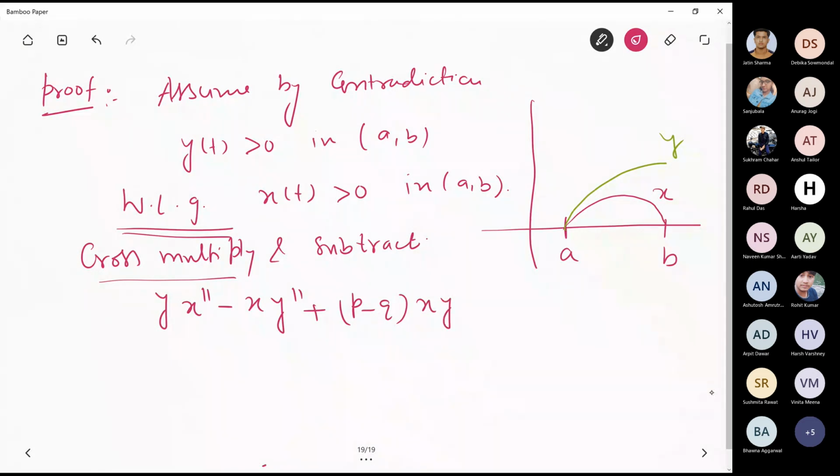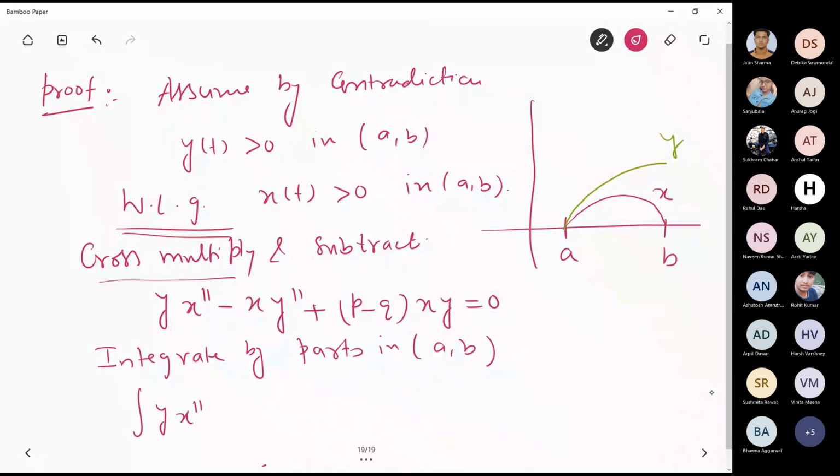Now you integrate by parts in AB. So we get the integral of y into x double prime is going to be y into x prime evaluated at the end points AB, minus integral of x prime y prime.